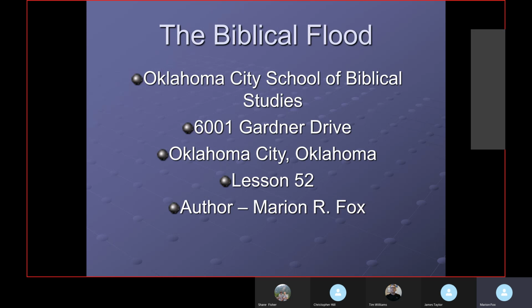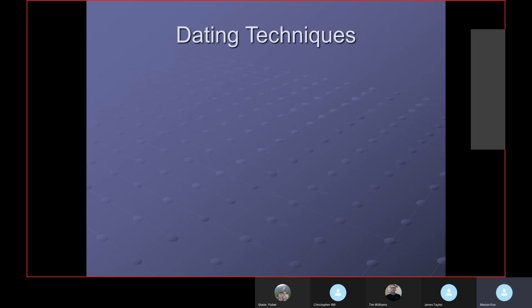Okay. So now we're continuing in chapter 13 in dating techniques. One of the things we looked at, and I'm not going to go back and rehash it in great detail, was what they call the magnetic field reversal of the Earth, or evidence of reversals of the magnetic field.